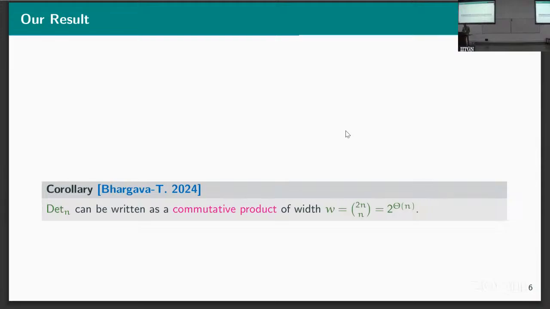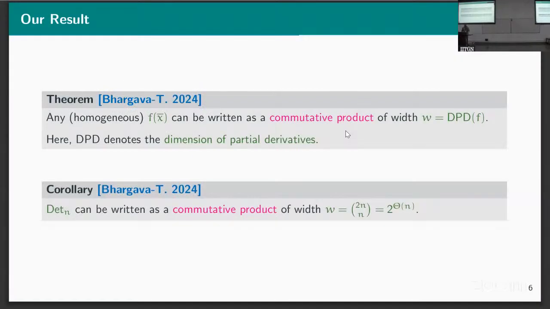That's the thing. So the actual theorem is more general. We show it for any homogeneous polynomial f, it doesn't matter the degree either, it can be written as a commutative product of width that is equal to the dimension of partial derivatives. You don't need to know what that is. It's a measure that is slightly more general than Waring rank, I mean, than Saxena's measure that I told you.